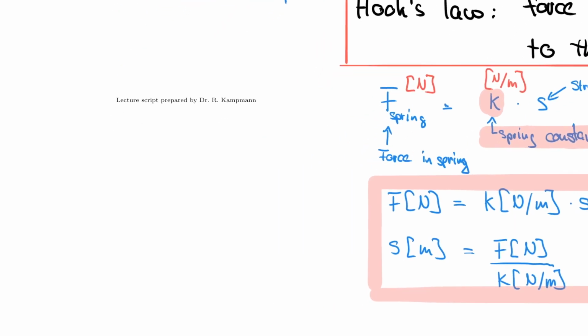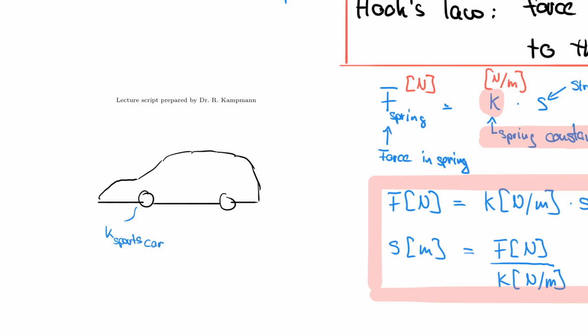So if I were to draw this down here, let's say I have a car that is somewhat like that. Again, my fantastic artist skills here, but here I have a car and I know a spring constant. So there's a spring constant K, sports car. And then there is, of course, a student.